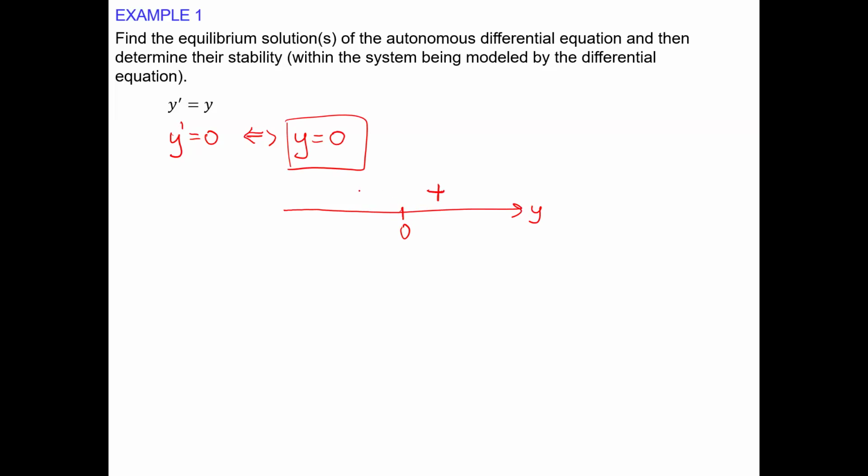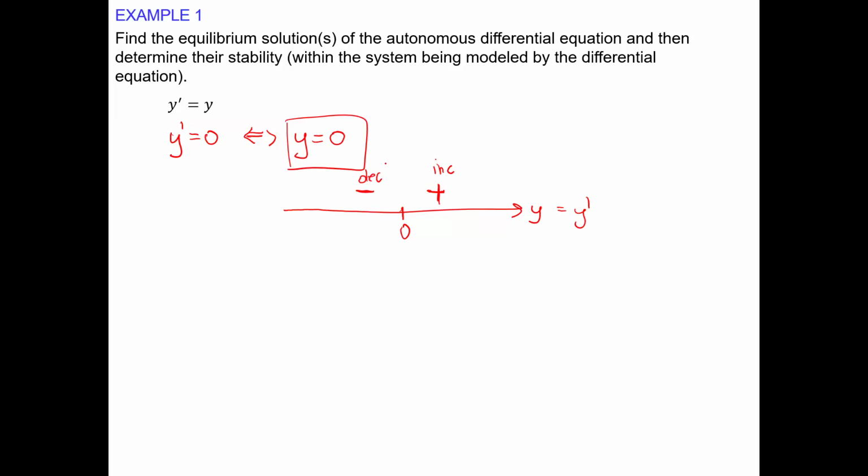And to the left of 0, it will be negative. Remember, this is also the derivative sign, the first derivative test. If the first derivative is positive, the function is increasing. If it's negative, it is decreasing. That's just the recall.